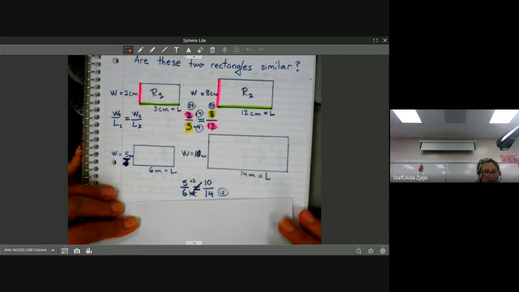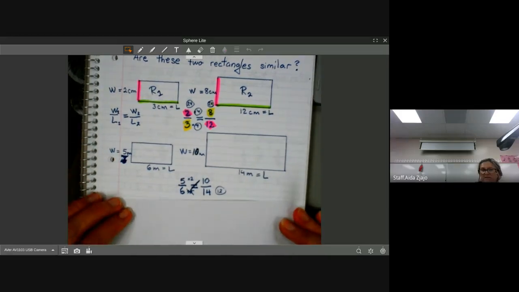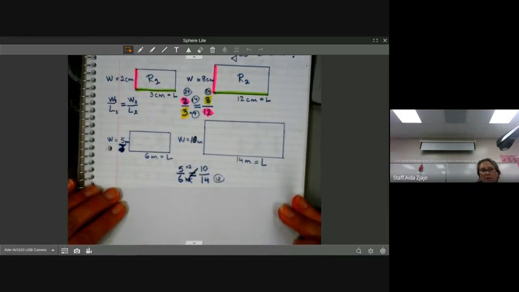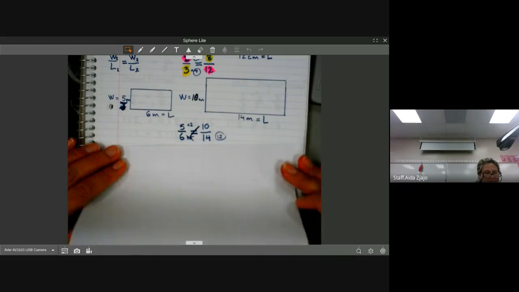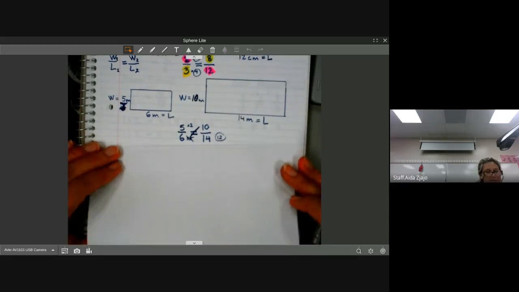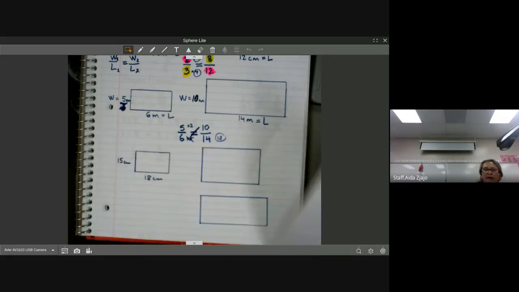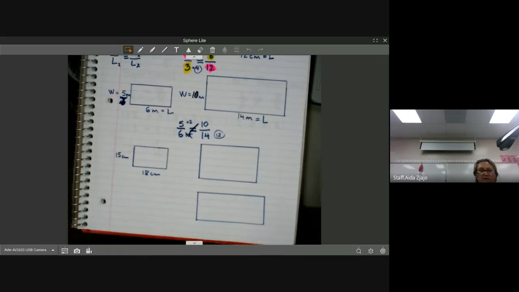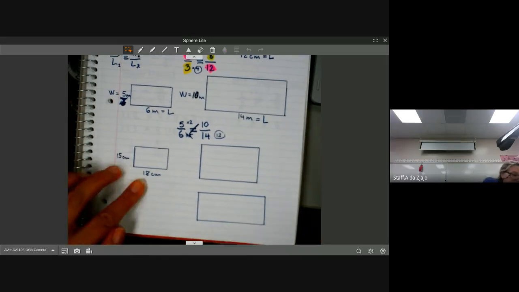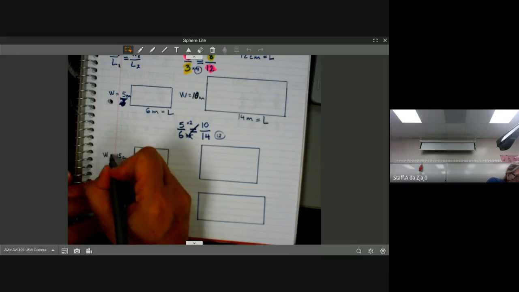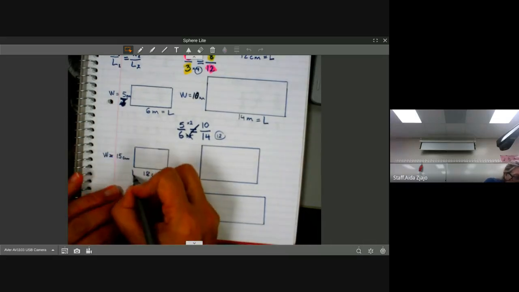Okay, and so can you please write it down? And now I have one little assignment for you. I'm going to give you this value, that this is width, this is length.